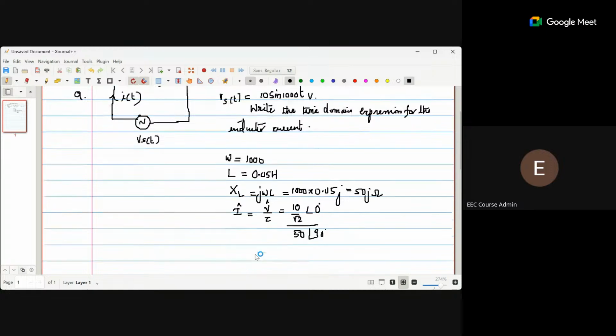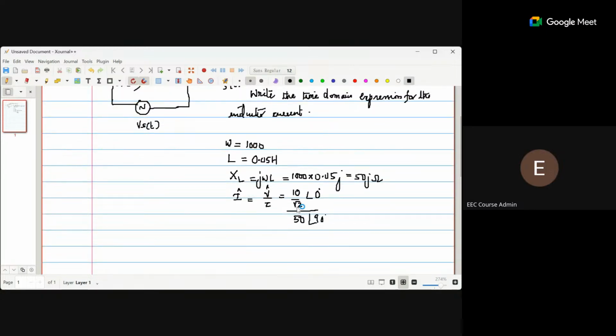This will give you the RMS value. Then in the time domain, what you need is the peak value. So I of t would be 0.2 sine 1000 t minus 90 degree, because when you divide you get 5 angle minus 90 degree. So that would be 0.2 cos 1000 t.